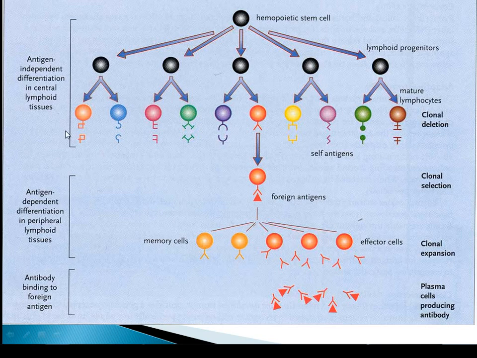These T and B lymphocytes need receptors for recognition of the antigens. In B lymphocytes, these are surface immunoglobulins, and T lymphocytes have T cell receptors.